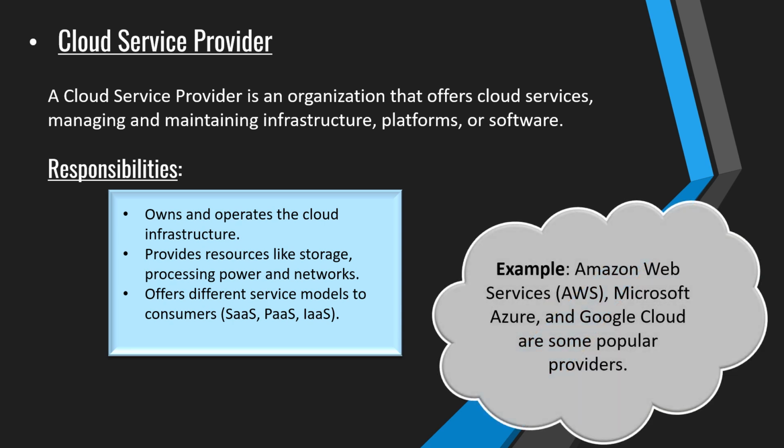They offer different types of services: SaaS, PaaS, IaaS. We will discuss in the further PPT what SaaS, PaaS, IaaS are. There are many companies who provide services to the consumer, like Amazon Web Services, which is very popular. Microsoft Azure and Google Cloud are also popular for the services provided to the consumer.